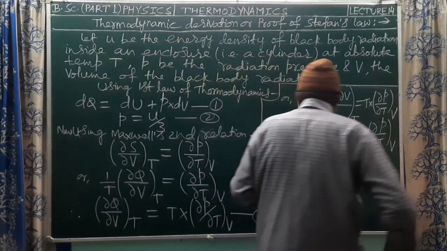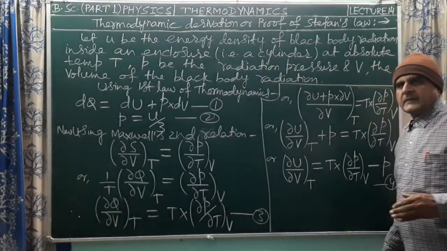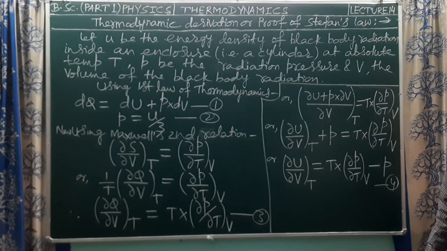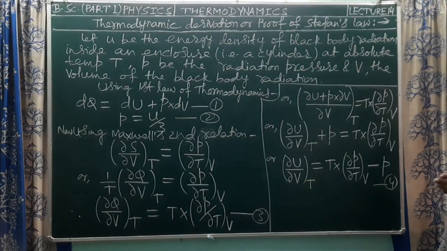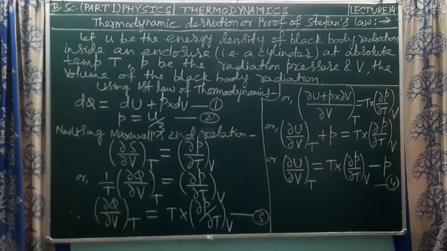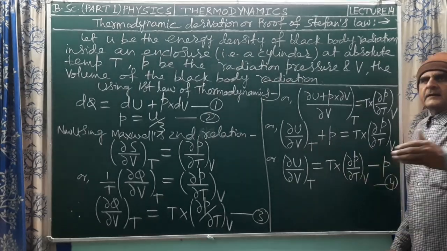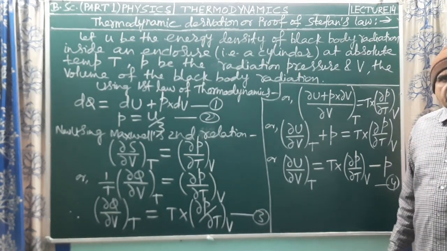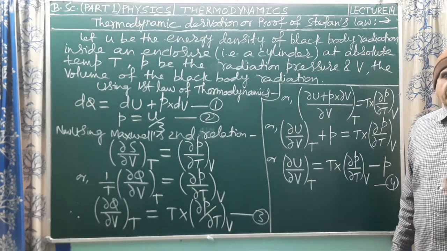Now using the relation small p is equal to U upon 3, because we know that the pressure of diffuse radiation or radiation pressure, small p, is equal to 1/3 of the energy density of black body radiation.